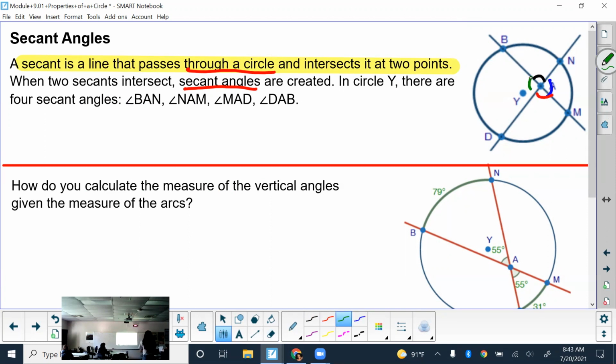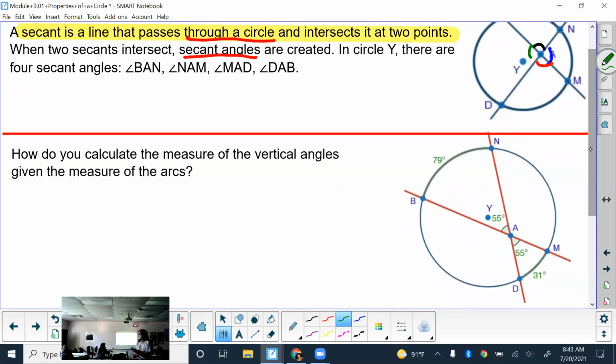All right, now it says, how do you measure the vertical angles given the measure of the arcs? Let me see in my notes because I don't quite remember. All right, so I'm going to have you write down this definition.